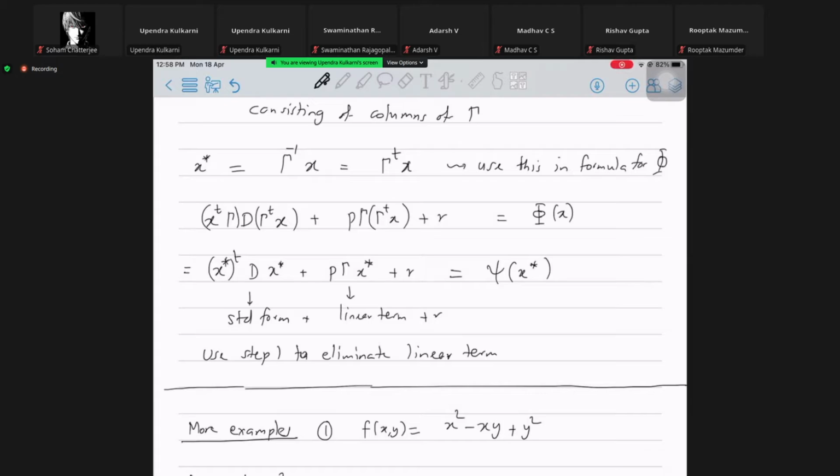Sorry, sir, could you repeat that? So the question is, now look at this phi. I can think of it just as a formula in terms of x1 up to xn, which are letters. Now the formula I have written below, the formula for psi, is in terms of x star. But I can just forget that this x star came from x. I can think of those coordinates as some variables and write the new formula.